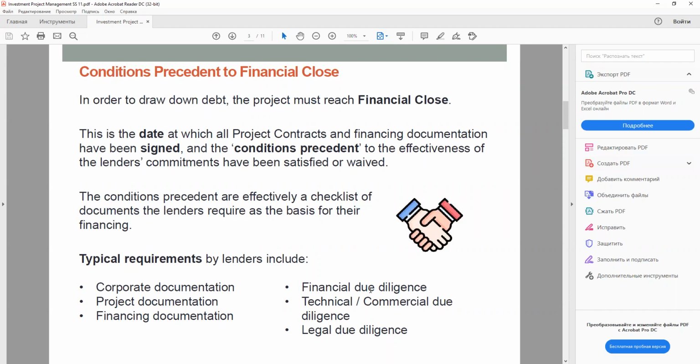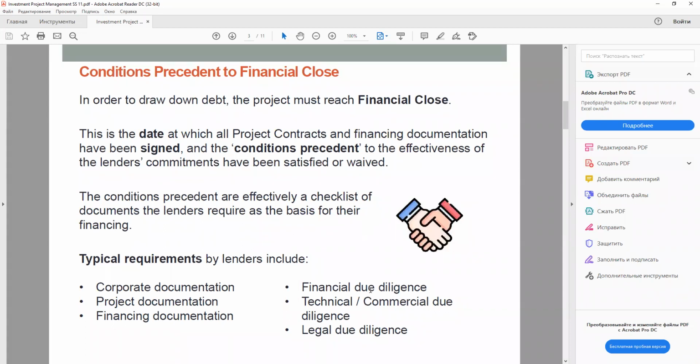There are numerous conditions precedent that have to be fulfilled before allowing a drawing to be made. When the project has reached this stage, that is, conditions precedent have been fulfilled, and the project company is able to begin drawing funds for construction, the project has finally achieved financial close.